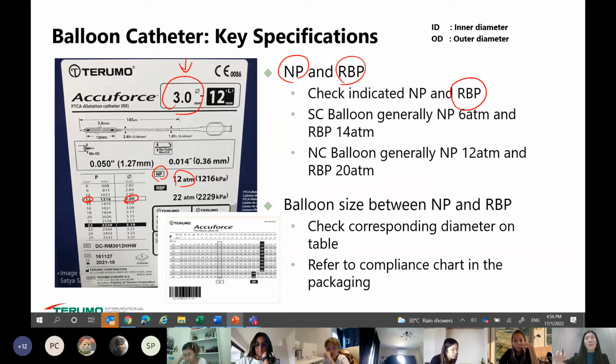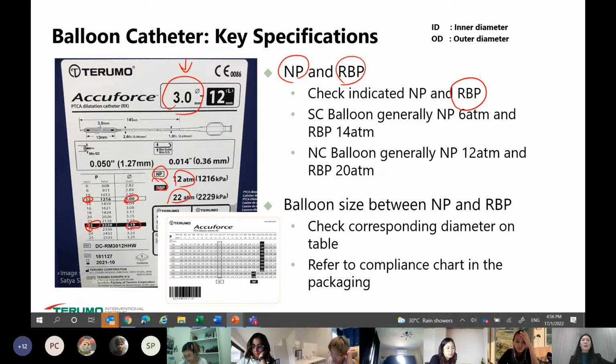You can keep increasing the pressure so that the diameter increases, but there's a point where the balloon is going to burst, and that's where the doctors will not go up to, right? So RBP is the maximum pressure that the doctor can go up to. This RBP, for example, is 22 atmospheric pressure, ATM. At 22 ATM, the diameter size is about 3.2 mm.